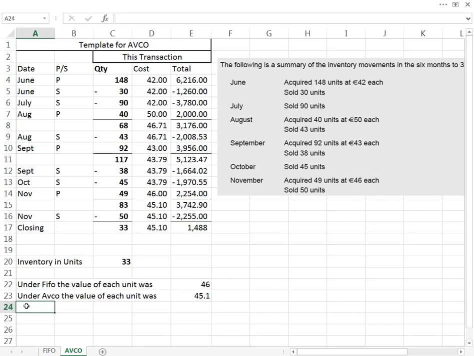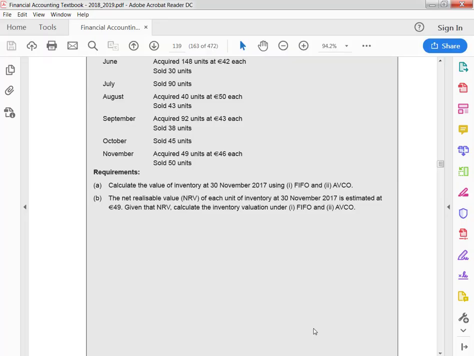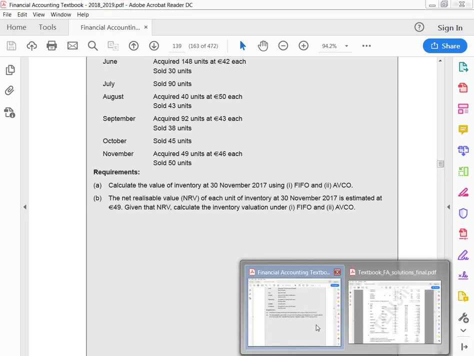Okay, and it says that the net realizable value is, where's my question gone again? Net realizable value is 49.